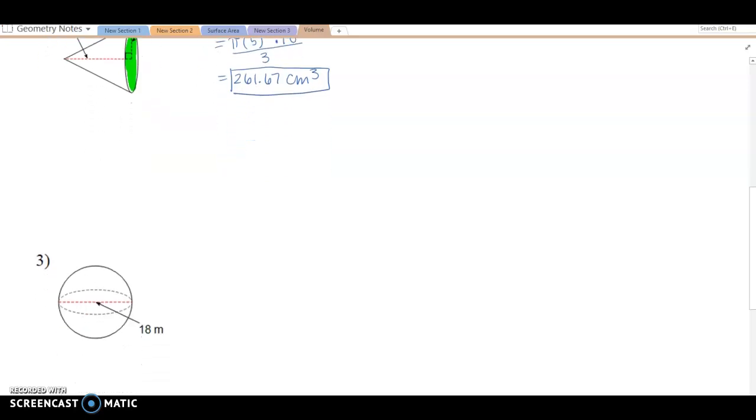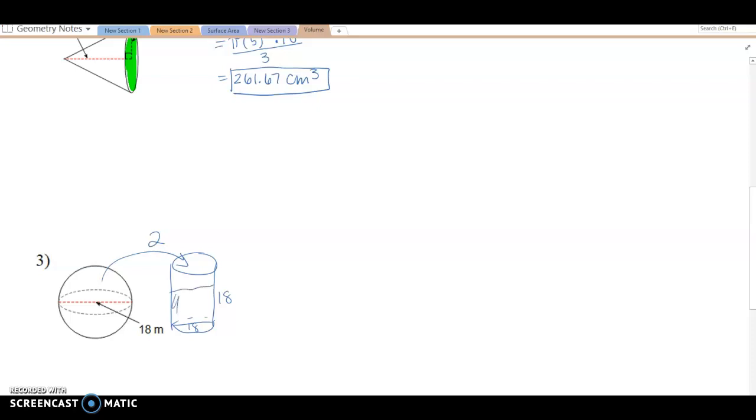Sphere: you saw from the second video that you can fit 2 spheres into one cylinder with the same height and width, essentially. So if you had a cylinder with a diameter of 18 for its base and a height of 18, you would be able to fit 2 of these into one of these cylinders.